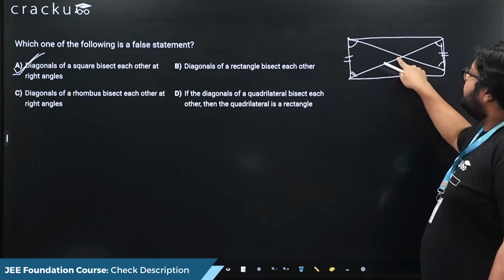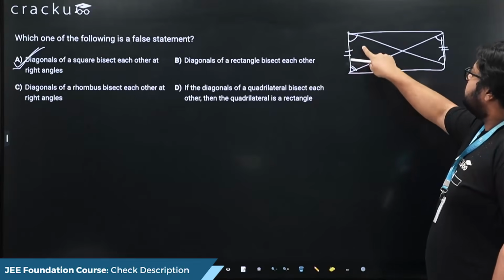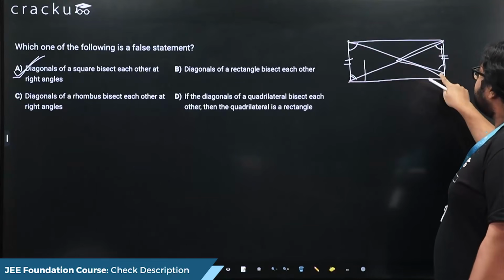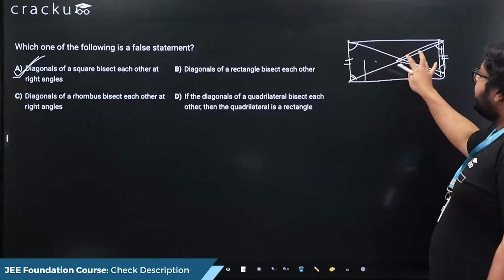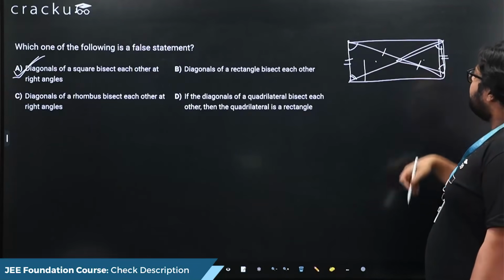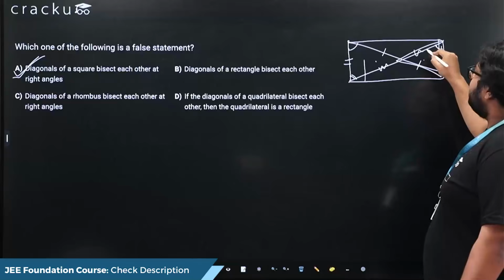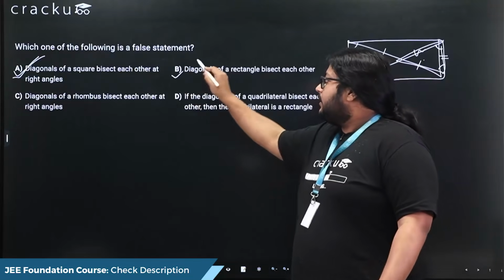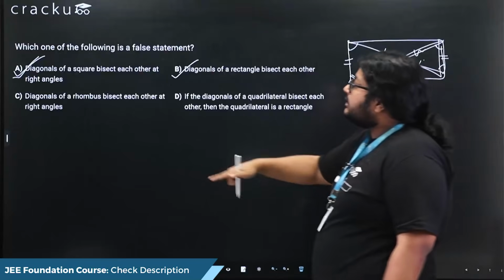This triangle is essentially congruent to this triangle. So if these are congruent, it would mean this is equal to this and this is equal to this, which means the diagonals of a rectangle bisect each other. So this is also true.